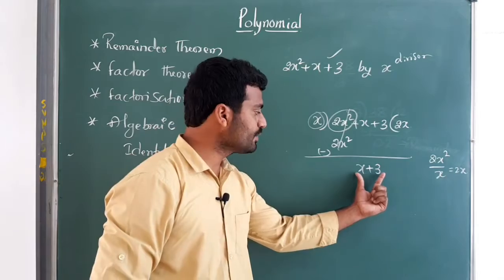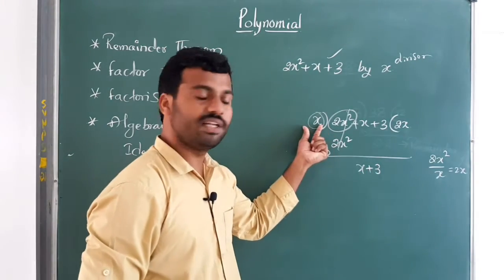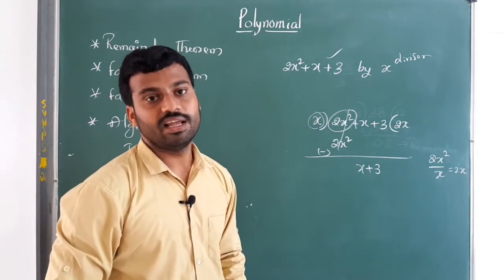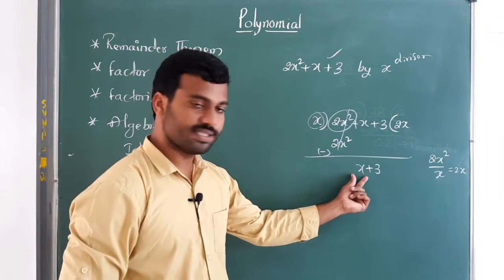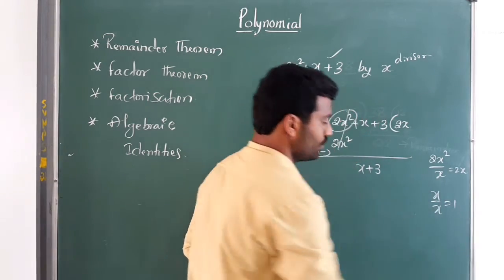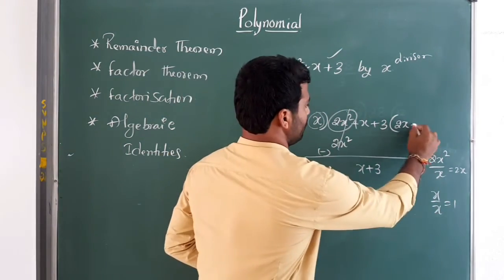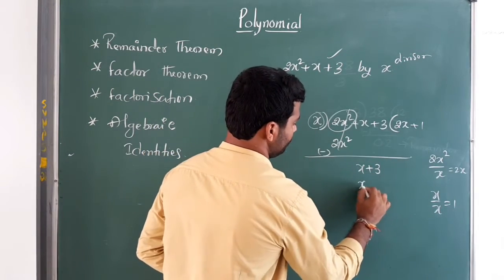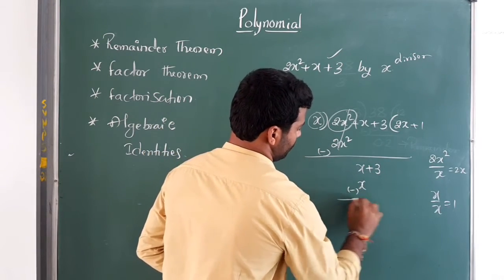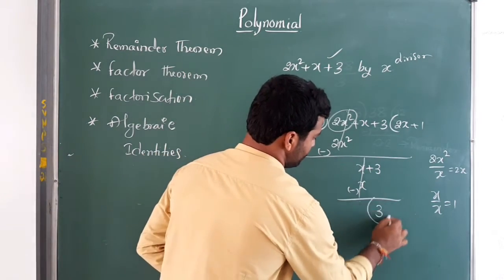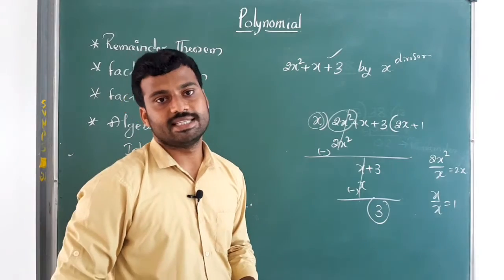So the degree of this one is what? 1. The degree of the divisor is what? 1. Equal, so you should divide. Clear or not? Here the leading term is x, and here x; x by x is equal to 1, so plus 1 you write it. So x plus 3, go with the subtraction, x gets cancelled, and 3 is the remainder.